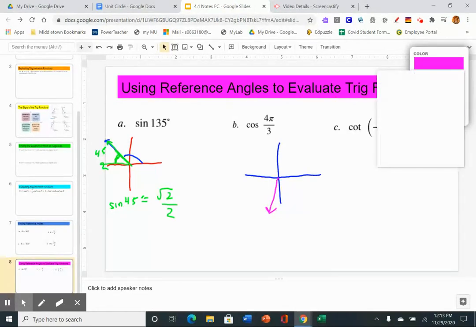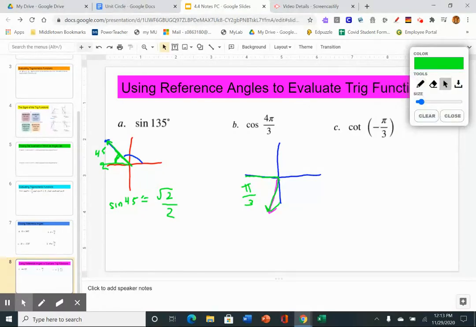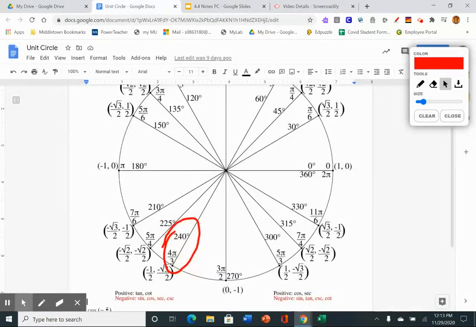Now remember, our reference angle, I'm going to highlight in green, is this angle. If that's 4 pi over 3, this remaining part would be pi over 3. And again, if you don't know that, go back to your unit circle.